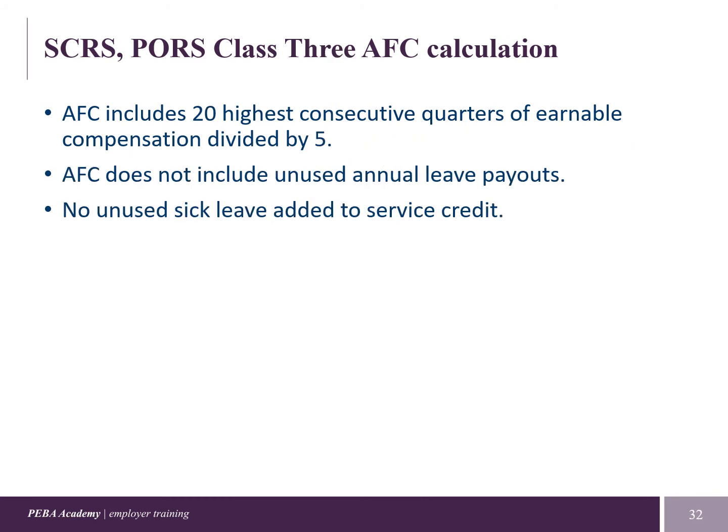The AFC for Class 3 members includes the 20 highest consecutive quarters of earnable compensation divided by 5. Unused annual leave payouts are not included in Class 3 member AFC calculations, and unused sick leave is not added to the member's total years of service credit.